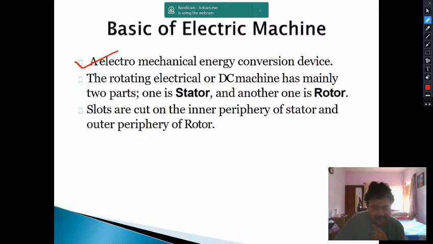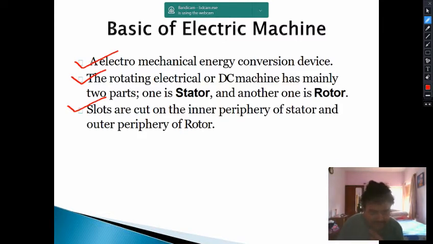Next, we discussed how the stator and rotor look, how the windings are placed, and what their structures are. Next, we discussed the slot arrangements in the stator and the rotor.